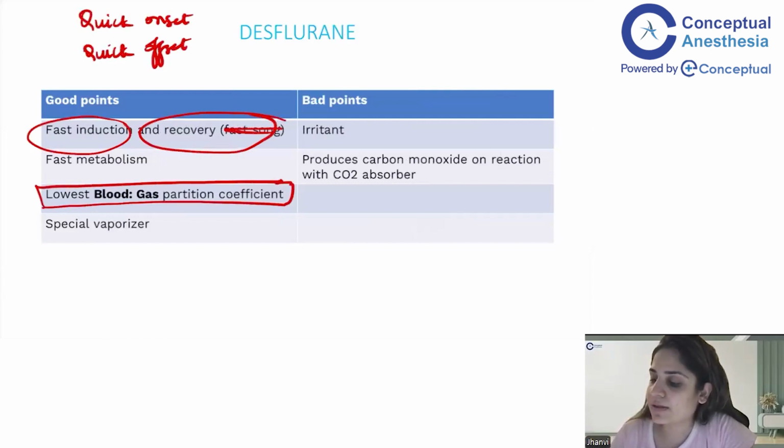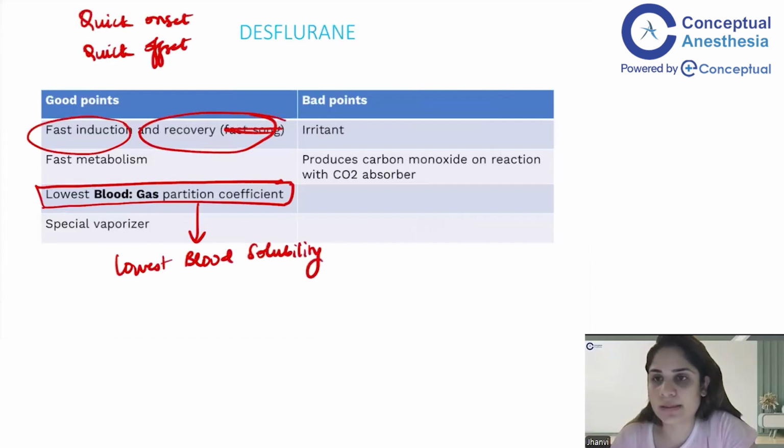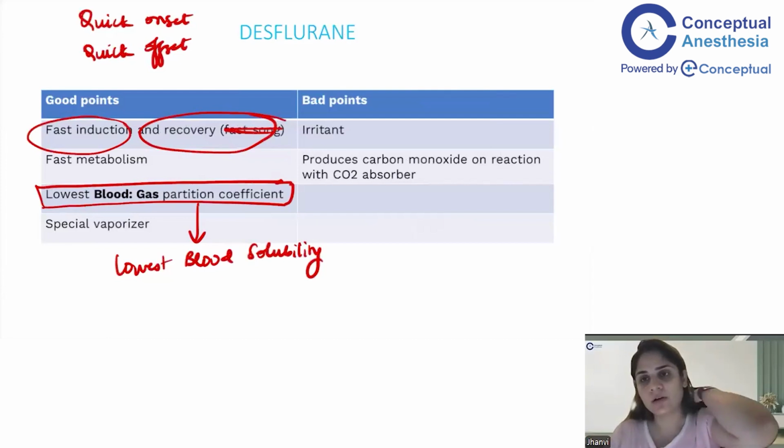Okay, so we have discussed blood gas partition coefficient before, and we know that the lower the blood gas partition coefficient of an agent, the lower is its blood solubility. The less soluble any agent is in the blood, the faster it will act on the brain.